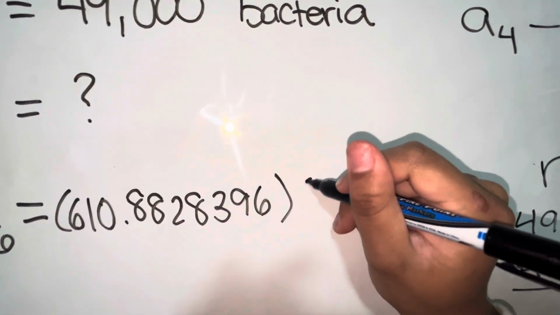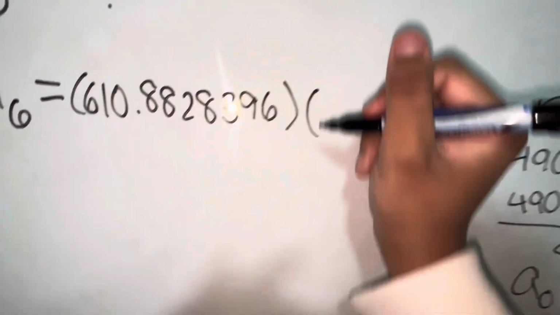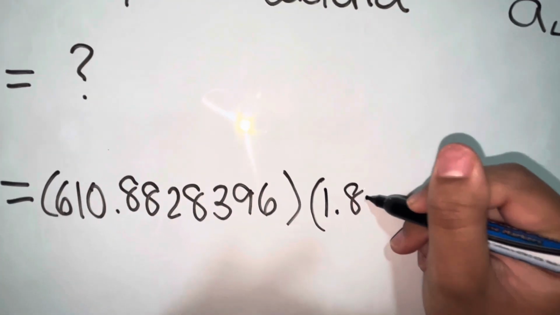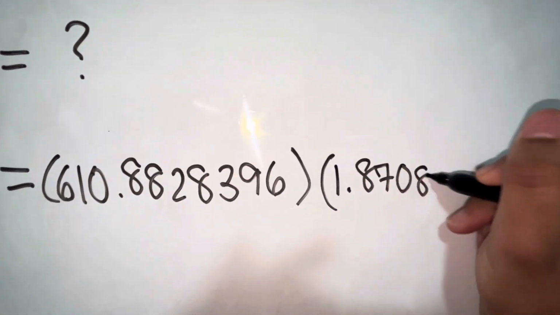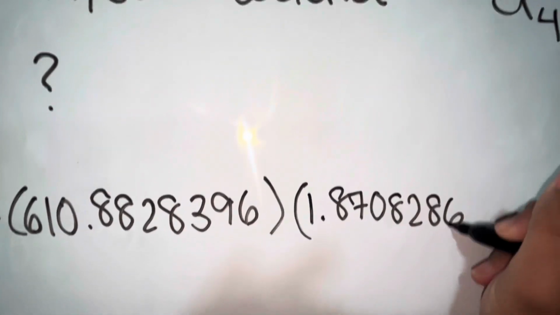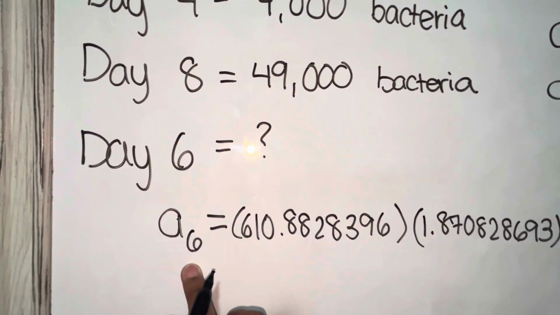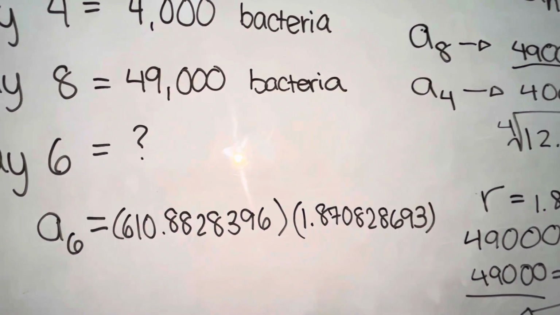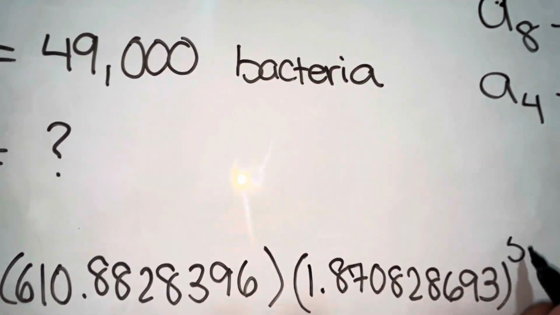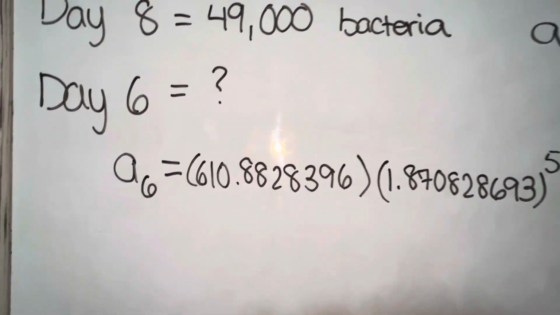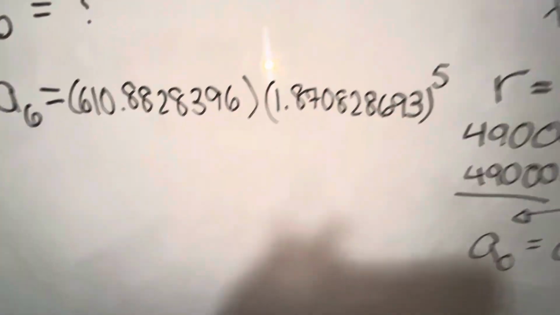And then you have your r, which is 1.870828693. And because your n equals 6, you're going to do 6 minus 1, which is 5. Now, let's put this into our calculator.